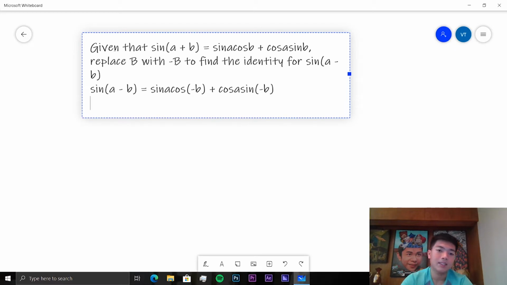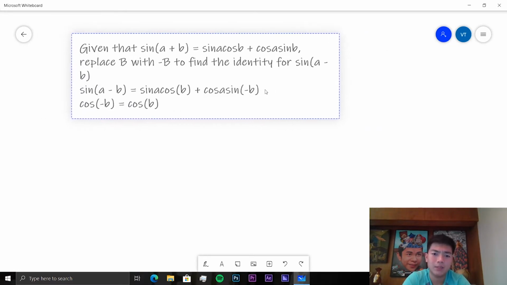The thing is, there's an identity where cosine of a negative number is equal to the cosine of the normal number, since the cosine graph is an even graph. If you remember from our explanation about functions, the cosine graph is symmetric across the y-axis. So this is equal to cosine b.